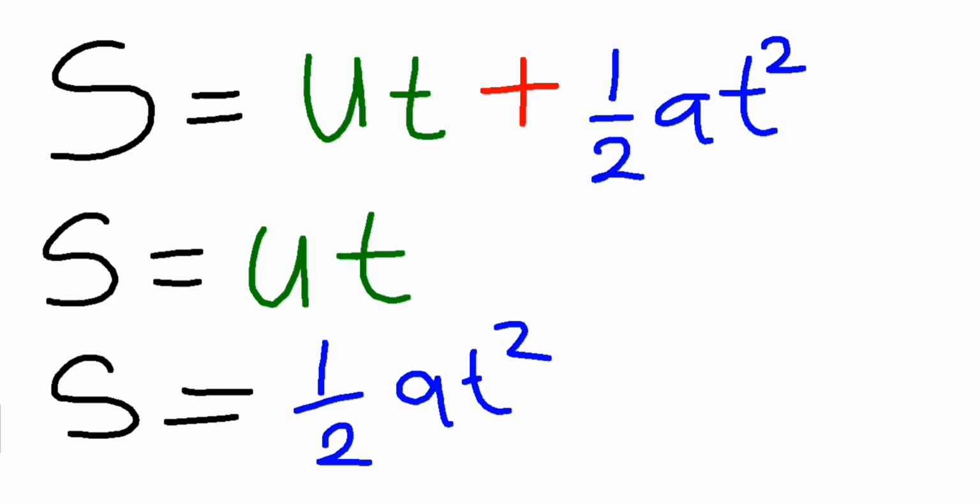So whenever you are given the initial velocity, apply this formula. Do not mind to apply the other one. So whenever you are given the initial velocity and you are not given acceleration, just kindly apply distance is equal to speed times time, or velocity times time.